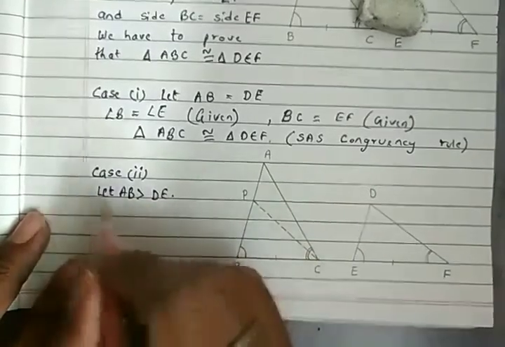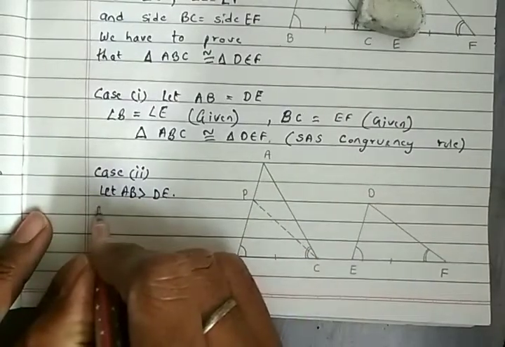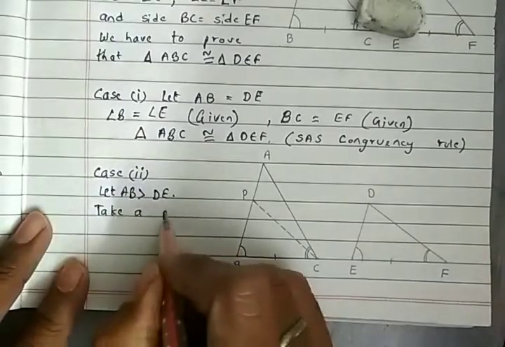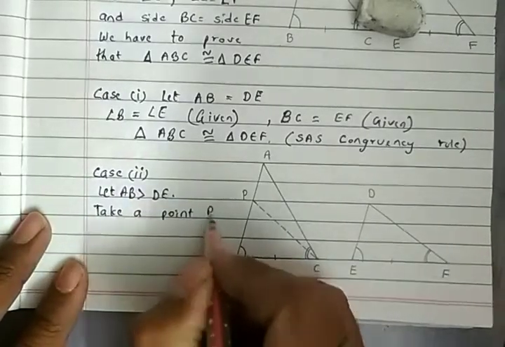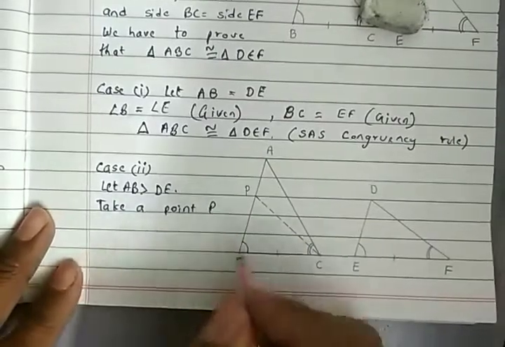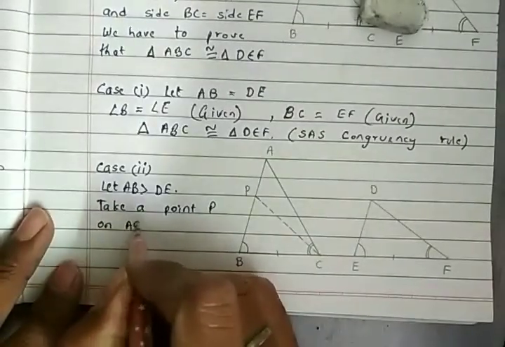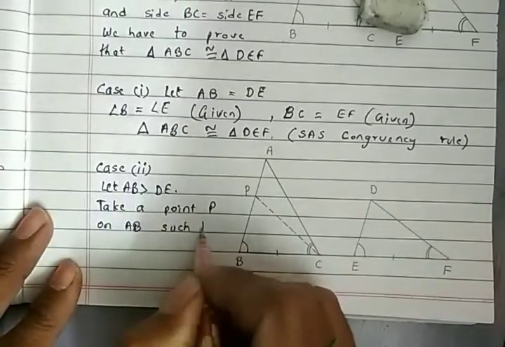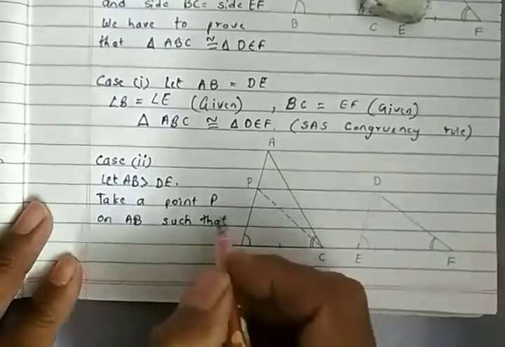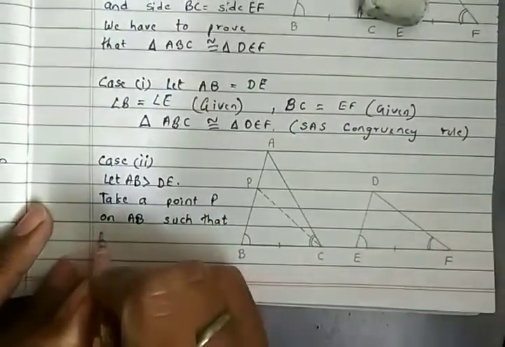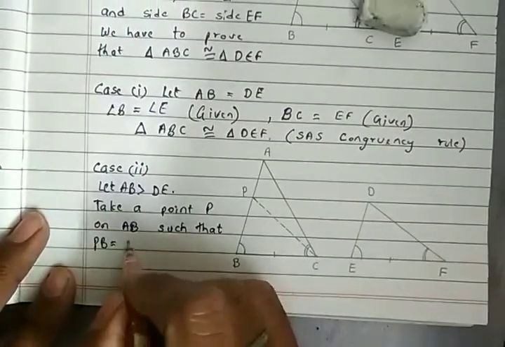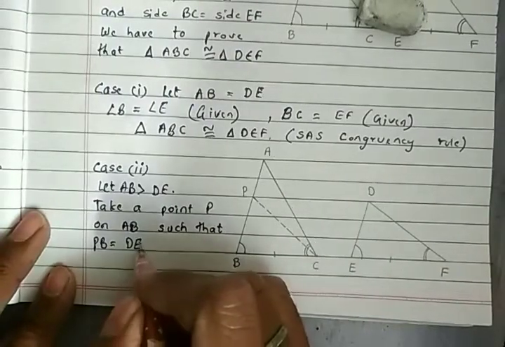So we can take a point P on AB such that PB equal to DE.